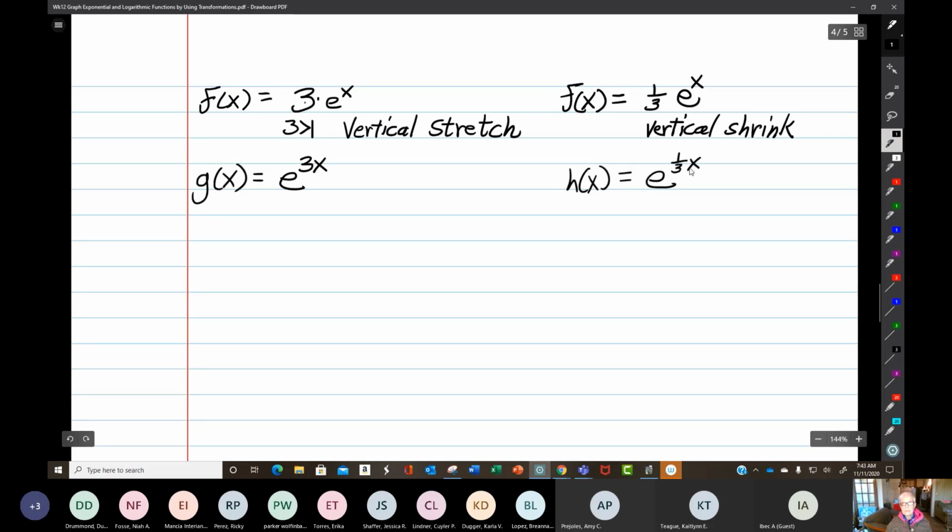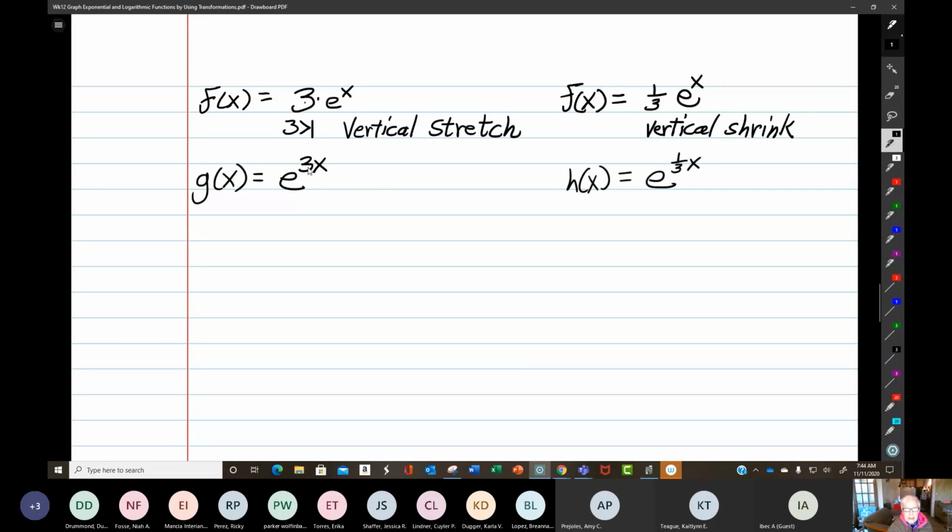Remember that everything near the x, and there's a name for that we're going to talk about later, but right now I want to look at this. I would expect that this would be like f of x up here, that this would be a horizontal stretch, and that would make perfect sense, but it's not.